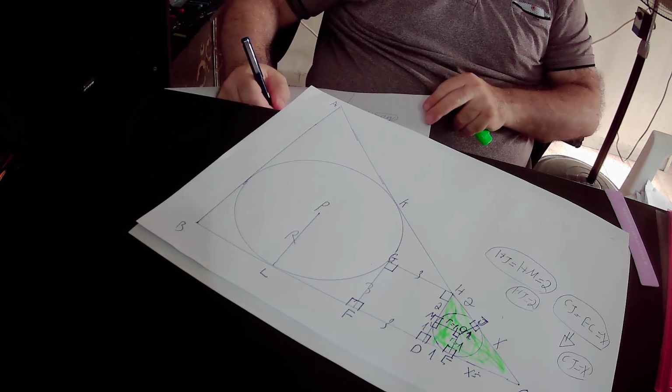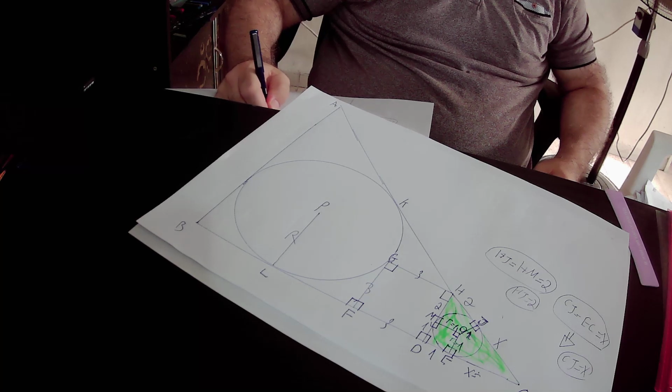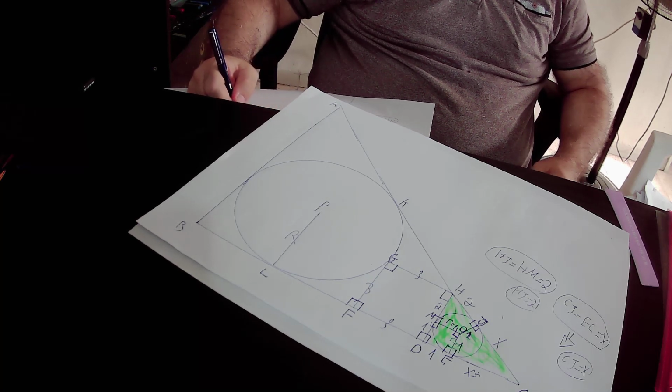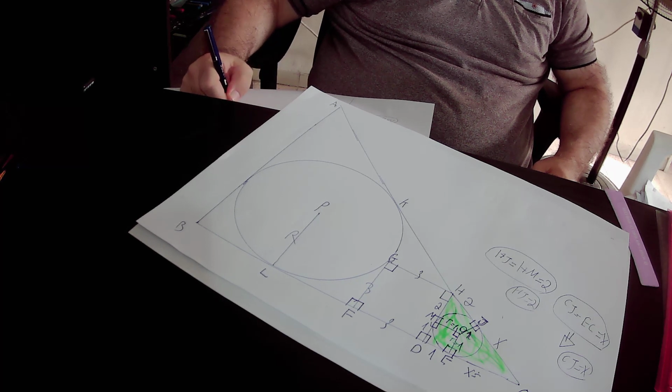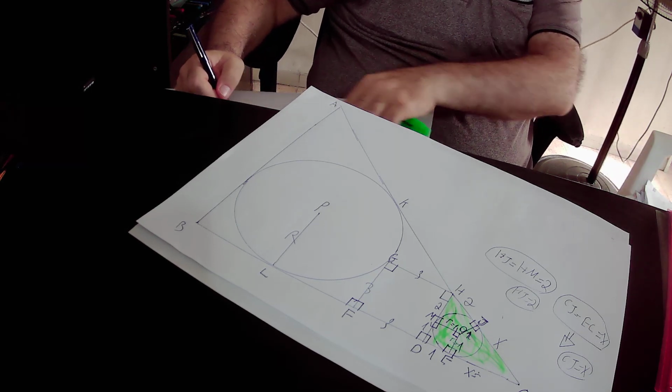According to the Pythagoras theorem, the square of the hypotenuse is equal to the sum of the squares of the perpendiculars.